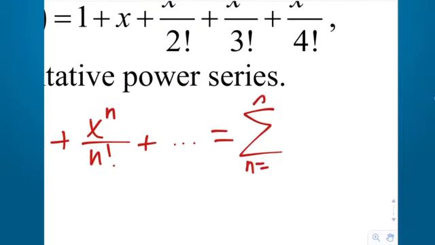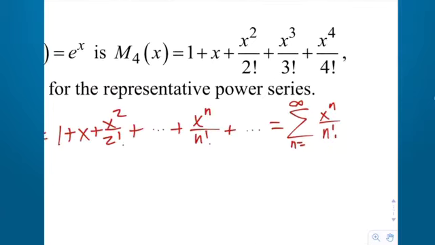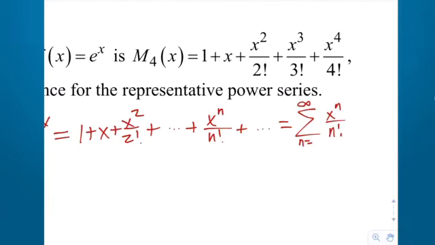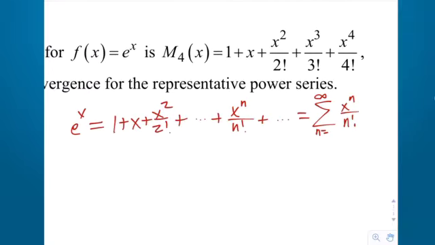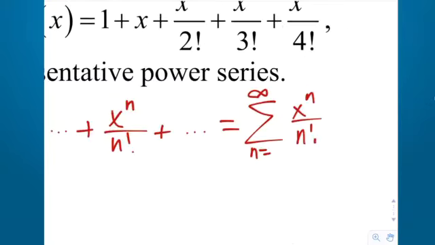Now, here's where you want to be a little bit more careful. It doesn't matter so much if you write the nth term like this, but whenever you compress it down to a sigma, you need to make sure that your starting value of n is going to give you a 1 when you plug it in. Because typically we could start at 0 or 1. So what does n need to be so that when I plug it in, I get a 1? A 0. Good. So in this case, we'd start at 0.